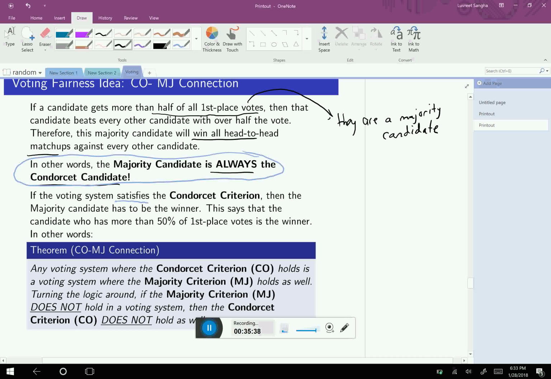Because if there is a majority candidate, they have to be a Condorcet candidate, like this thing set up here. And if there's a Condorcet candidate, and the voting method satisfied the Condorcet criterion, that person had to win.